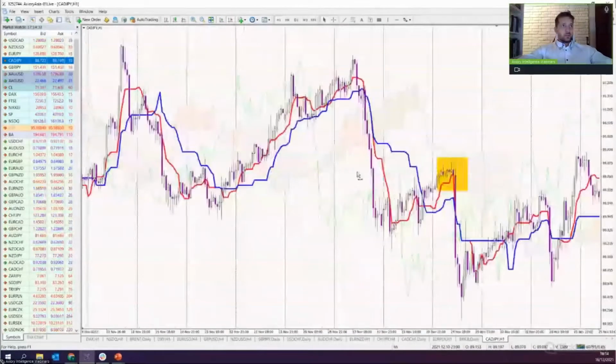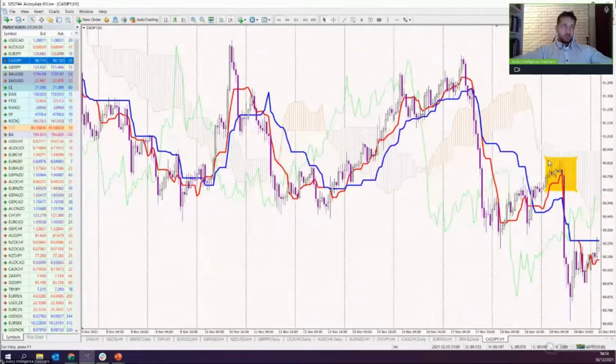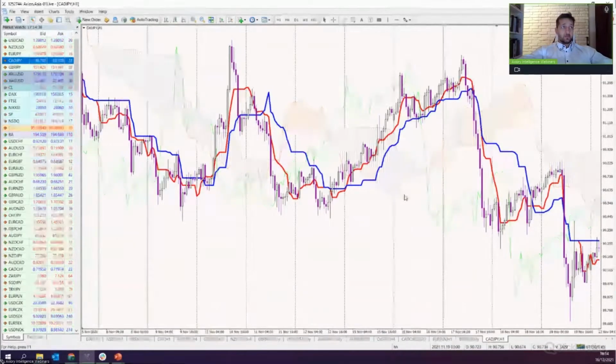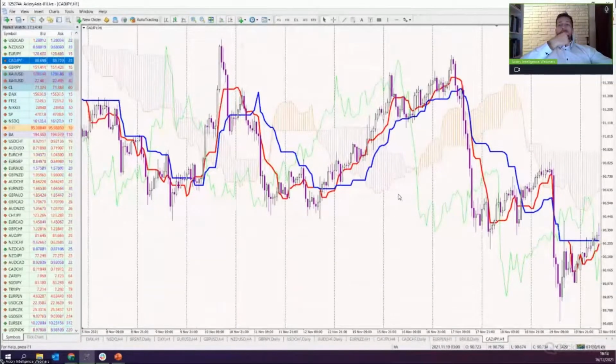Should we stick with this instrument or pick another one? Let's pick another one. Let's pick this one. How do you trade those lines? So Kijun-sen and Tenkan-sen. When the fast one, Tenkan-sen, crosses Kijun-sen from the top, that's a sell signal.